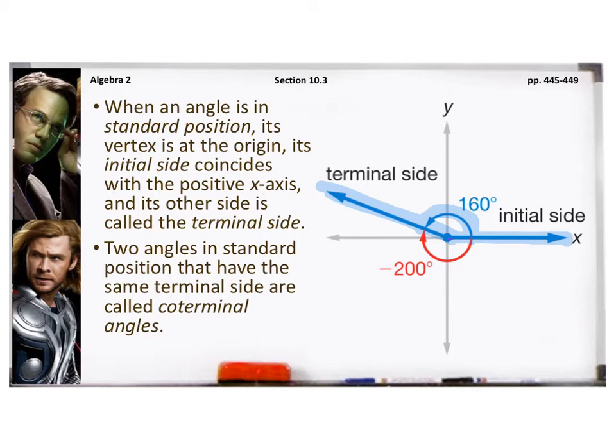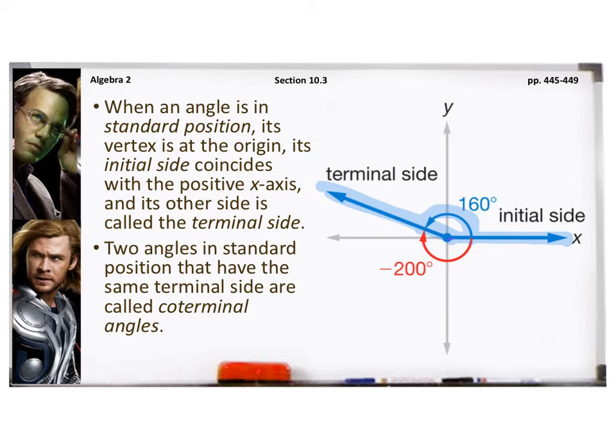Two angles in standard position have the same terminal side. Terminal, let's see. You terminate something, you end it. You arrive at the bus terminal, you end your trip. Terminal means to end something, so the terminal side is the ending of your angle. Two angles in standard position that have the same terminal side are called coterminal.